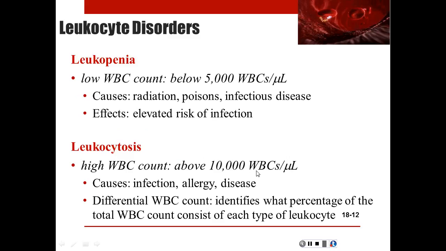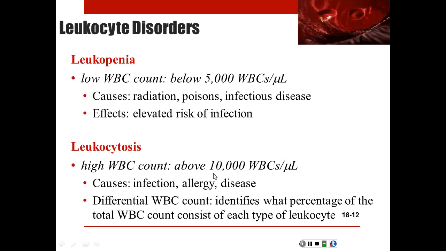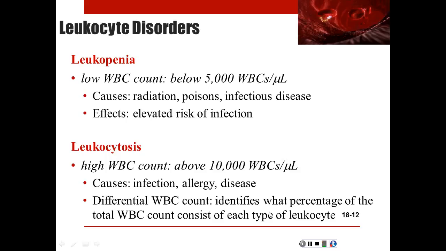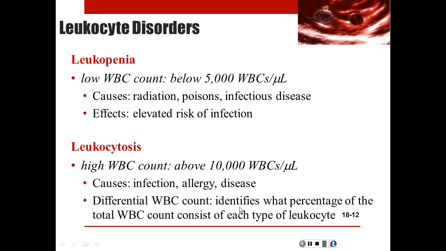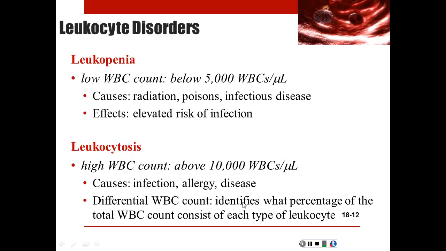Okay. We have leukocyte disorders. They include counts that are too high or too low, as well as cancer of lymphatic tissue. A total white blood count of less than the normal range of 5,000 to 10,000 white blood cells per microliter is called leukopenia.